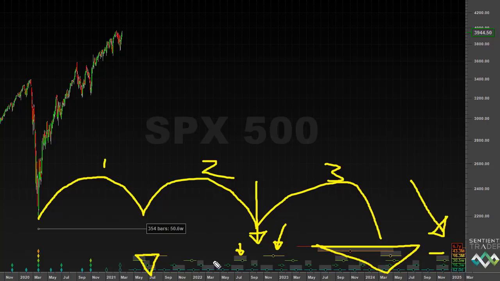And so as these cycles breathe, as their wavelengths compress and expand, you will find that these nests of lows in the future start breaking up and becoming more staggered.